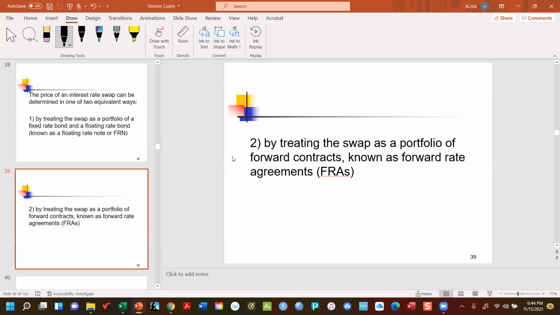And by the way, these have a special name of their own. They're called forward rate agreements, FRAs. Forward contracts written on a rate of interest are called forward rate agreements. An interest rate swap is equivalent to a portfolio of these forward rate agreements that mature at different points in the future. So we can think of this in either way, and we'll end up with the correct results.